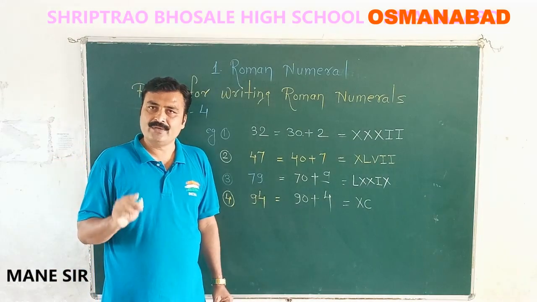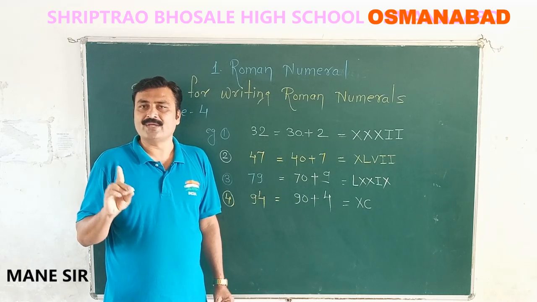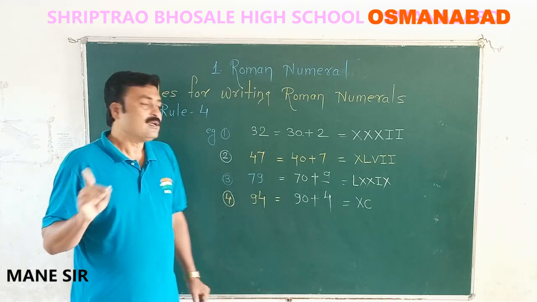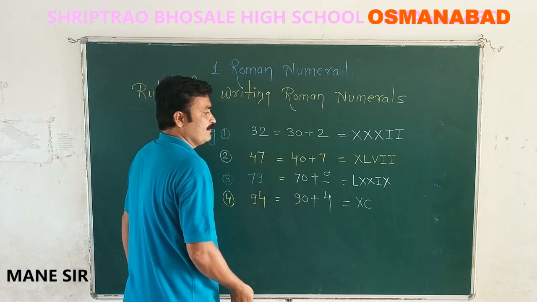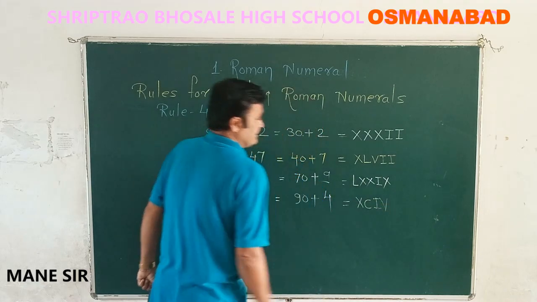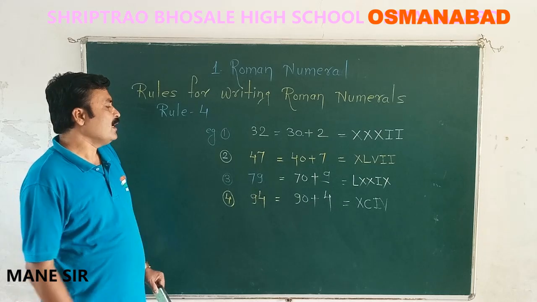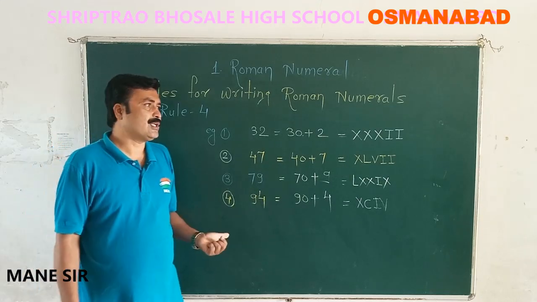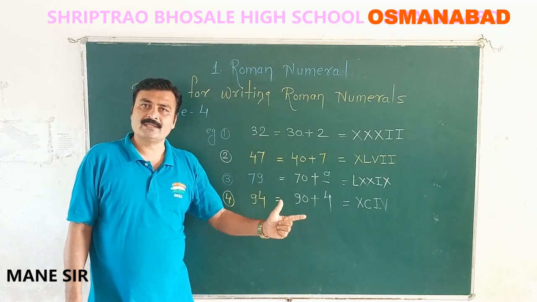Again, we use rule number 2. While getting 4, we make 5 minus 1 in this way. So, 5 minus 1 representing in Roman sign, we write as IV. So, XCIV, in this way, we get international number 94 into Roman sign.